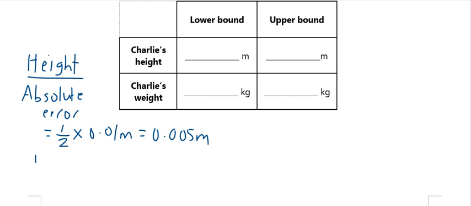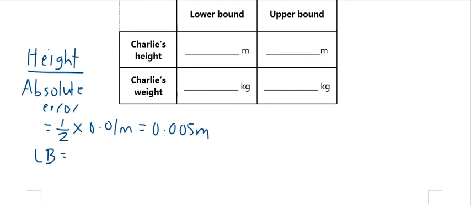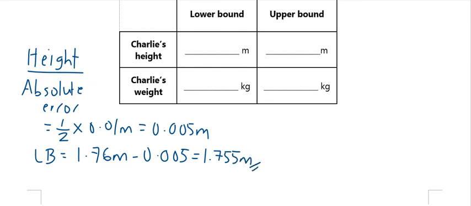Now let's start with the lower bound first. Your lower bound will be your measurement just now, 1.76 meter, subtracted by 0.005. So you will have 1.755 meter. Okay, so this is for your lower bound for your height. And for the upper bound, it is your measured height added with the absolute error.